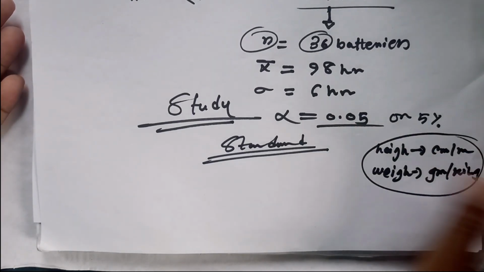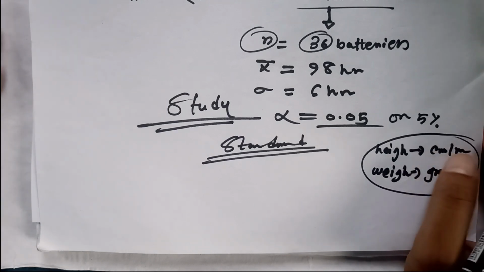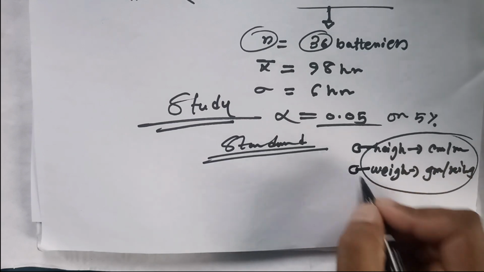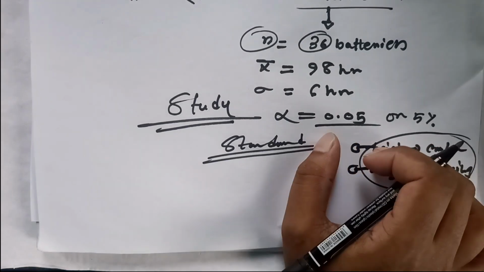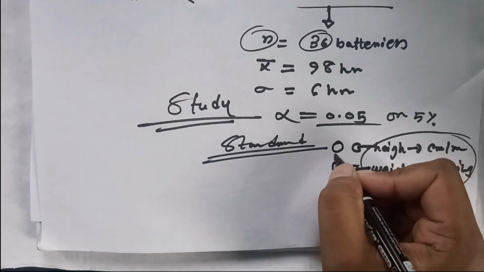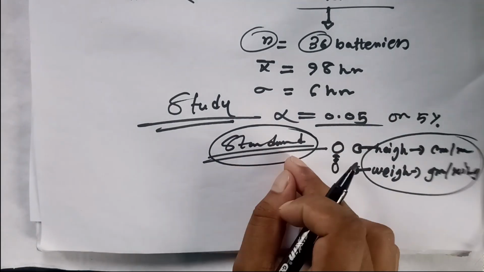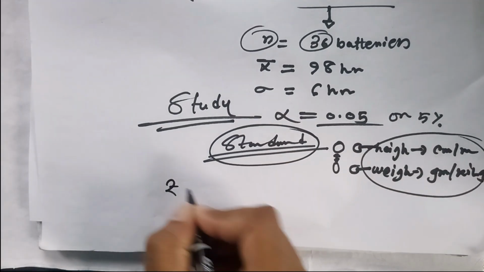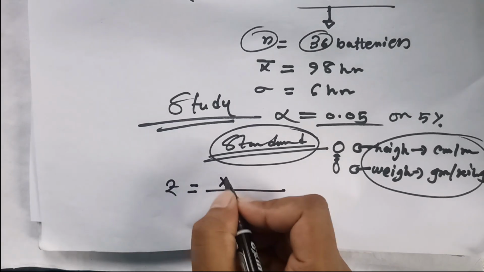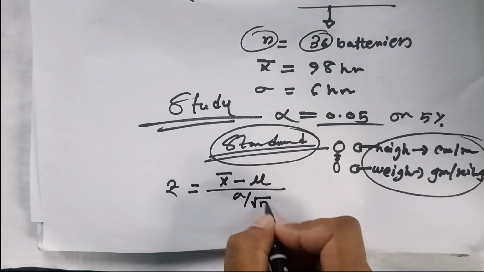When we need to compare both of them side by side, they have different units. So what we can do is convert both of them into a standard way, so that they could be comparable to each other. That is why we need to do standardization. In this particular case, standardization is z equals (x bar minus mu) divided by (sigma divided by root n).